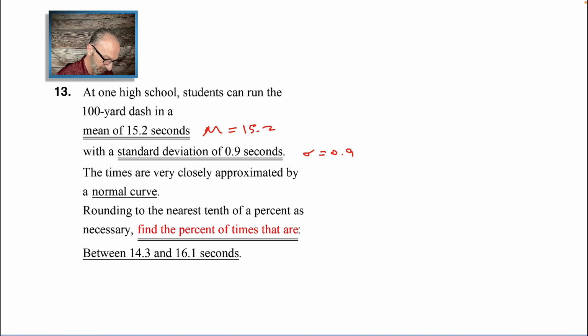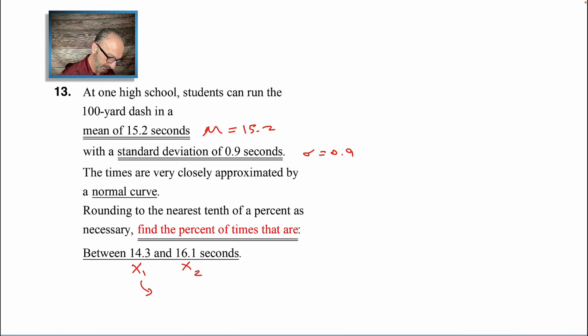And everything is about the same, except we need, from the last two lines, to find the percent of times that are between 14.3 and 16.1. Notice that 14.3 is less than the mean, and 16.1 is more than the mean. So we're going to see that as a graph. So that is my x1. That is my x2.